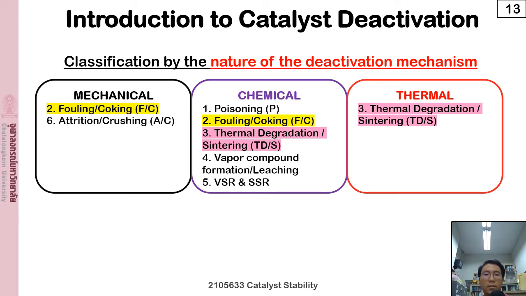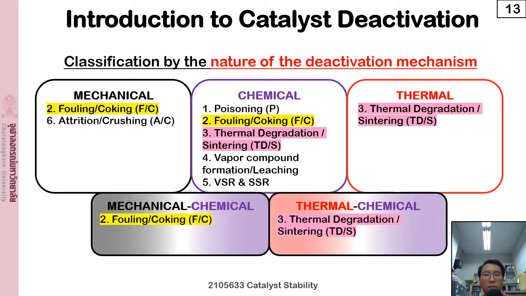As I highlight here, the yellow highlight on coking, you can see that it intersects between the mechanical and chemical, while the thermal degradation and sintering overlaps between chemical and thermal. So these two deactivation schemes occur as both mechanical and chemical for the fouling, and both thermal and chemical for the thermal degradation and sintering.